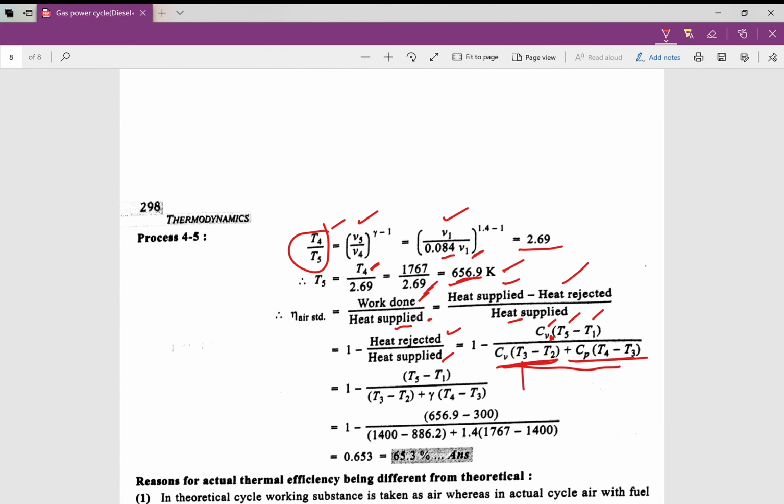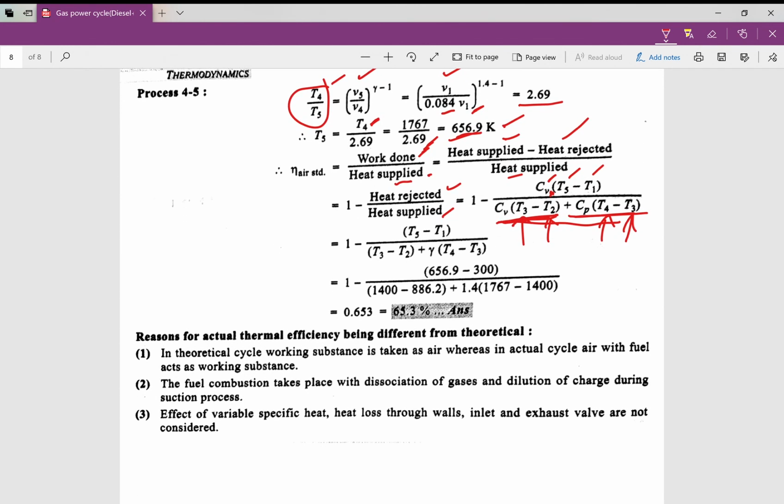Since all temperature values are now known to us, we can put the values over here. The values of Cp and Cv should be known to us, or we can apply Cp upon Cv is equal to 1.4, and therefore it is written like this. So finally, air standard efficiency comes out like this.